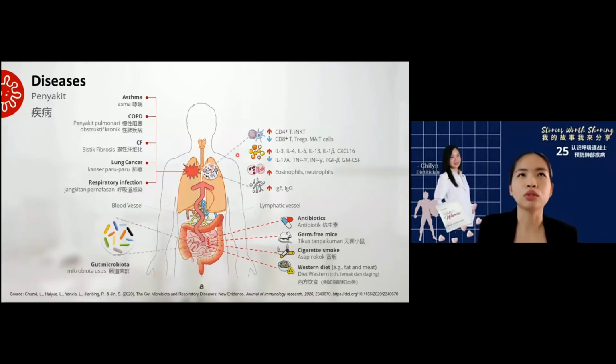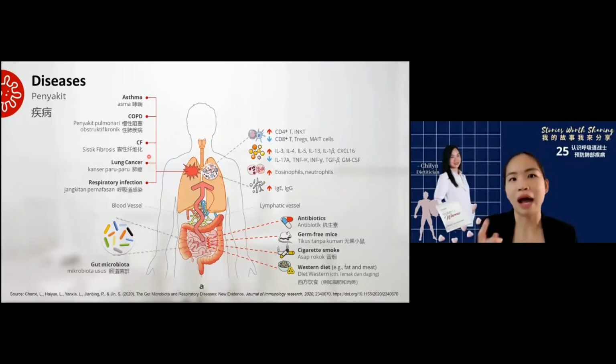Studies have shown that many respiratory diseases, such as asthma and chronic obstructive pulmonary disease, and also what is known as cystic fibrosis, which is when the lungs or the whole respiratory tract have fibers that affect your breathing.